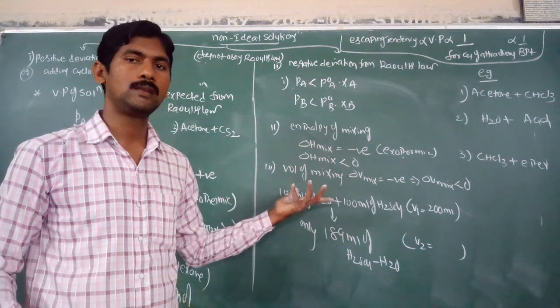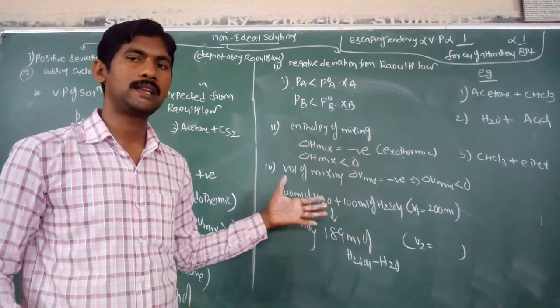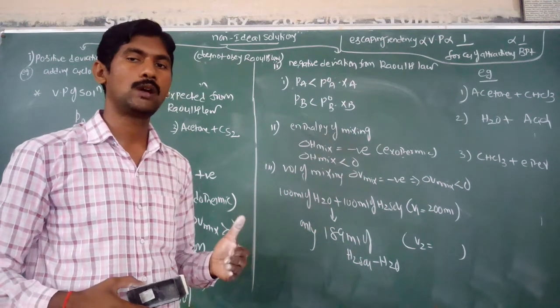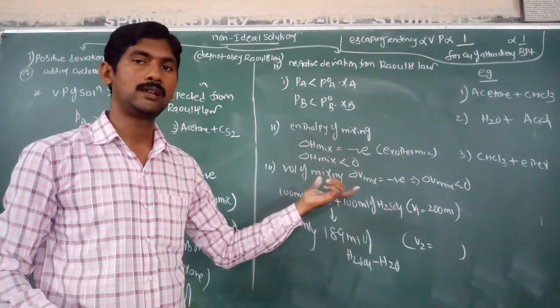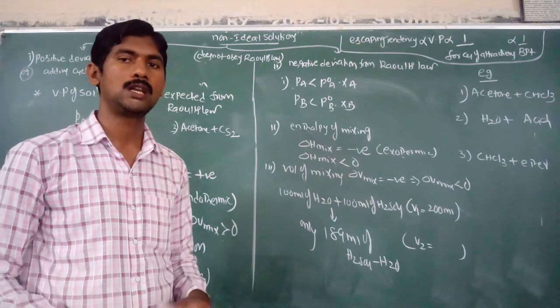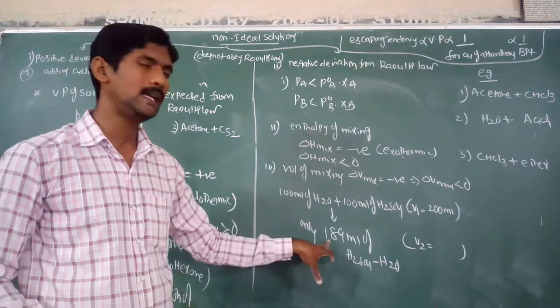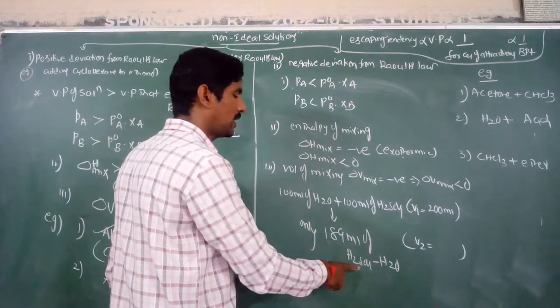The remaining volume is lost because this is a highly exothermic process, and the remaining volume of water is evaporated. Adding acid to water is highly exothermic. So we get only 189 ml of sulfuric acid water mixture.